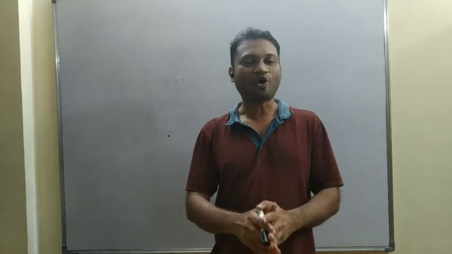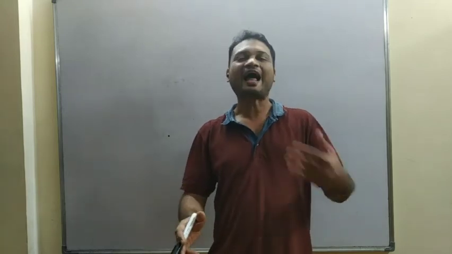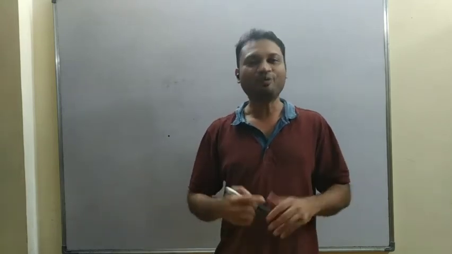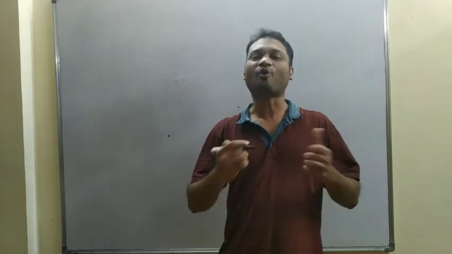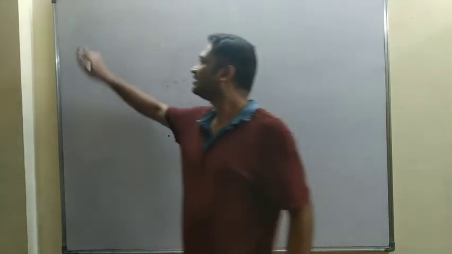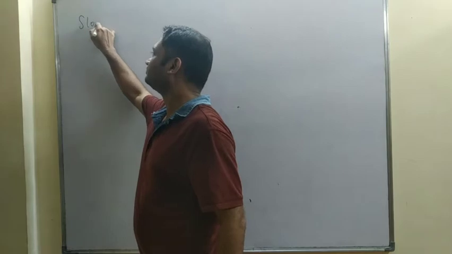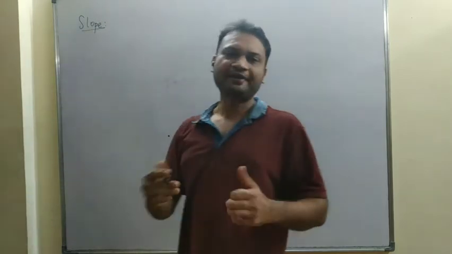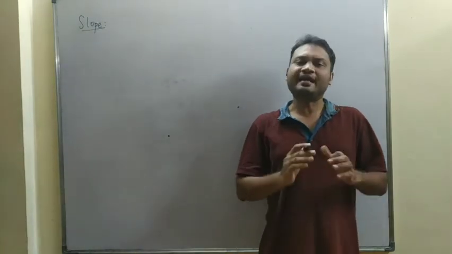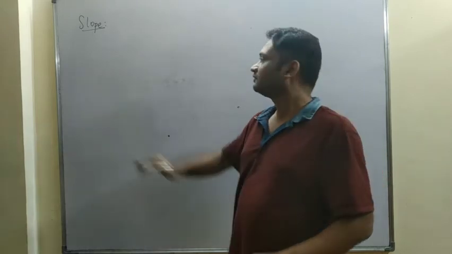Now, after understanding the concept of x-coordinate and y-coordinate, let us move on to our next concept in coordinate geometry, which is slope. To understand the meaning of slope, let us take a situation.